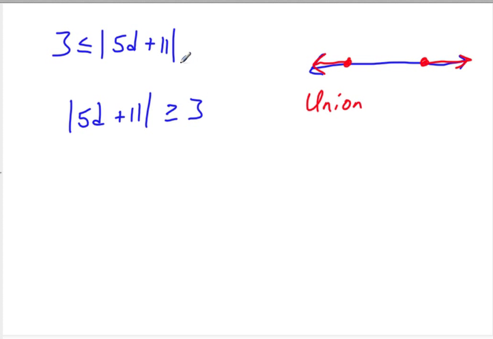And if you remember how to do these unions, or how to do these greater than absolute values, it's an OR statement. So we would say 5d plus 11 is greater than or equal to 3, or 5d plus 11 is less than or equal to negative 3. And then we would solve.